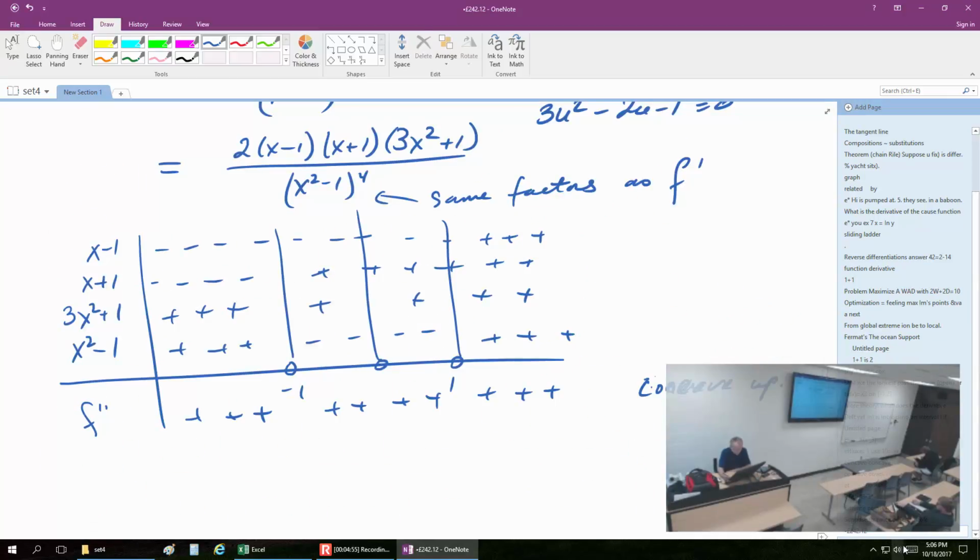Hold on a second. x minus 1, x plus 1. Let's see, plus plus plus, minus minus minus, so this one does not contribute anything. x minus 1, x plus 1 gives me plus minus plus. x squared minus 1.